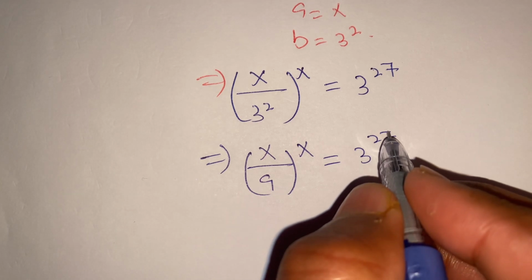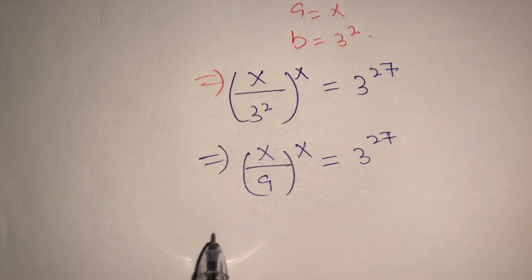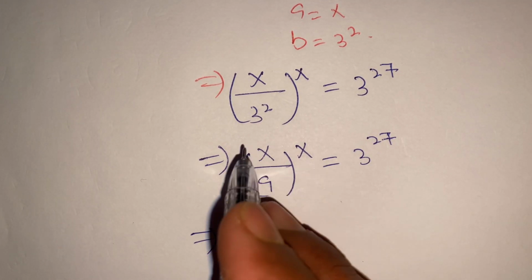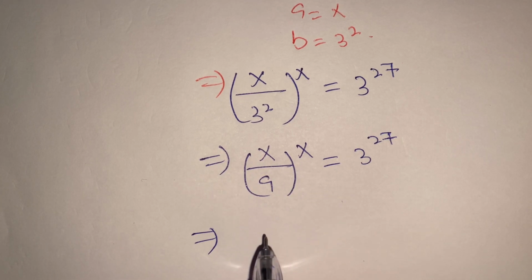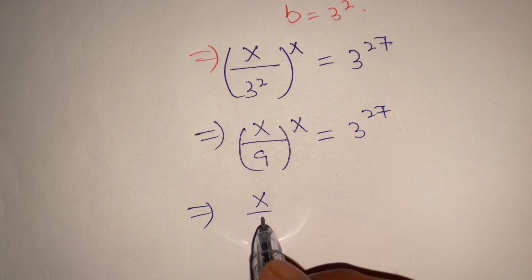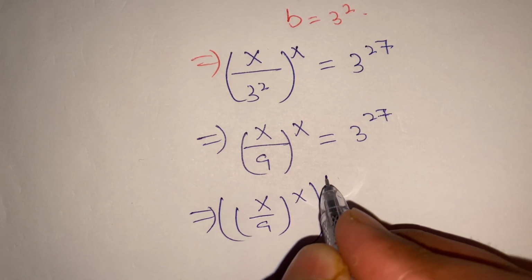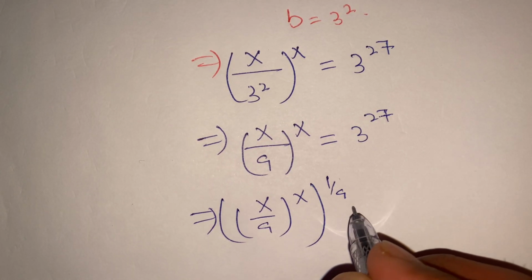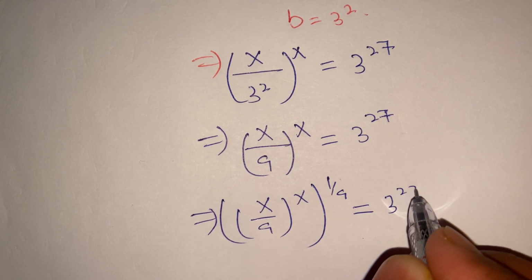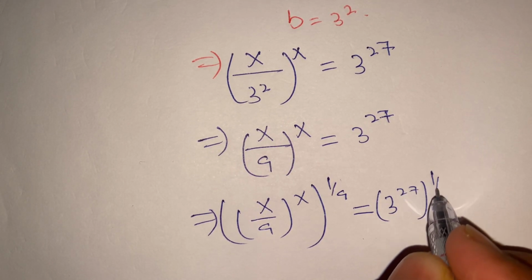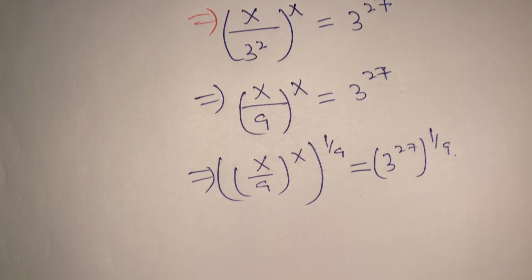Now in the next step, we can take the power 1 divided by 9 on both sides. We get (x divided by 9) whole power x, and whole power 1 divided by 9, is equal to (3^27) whole power 1 divided by 9.